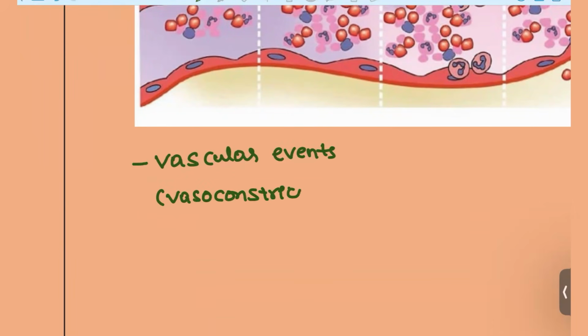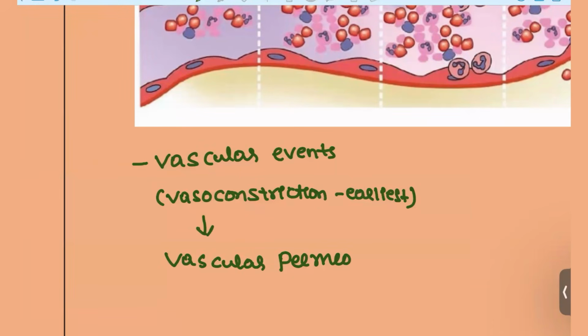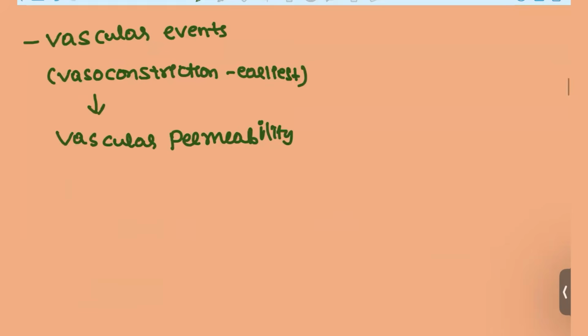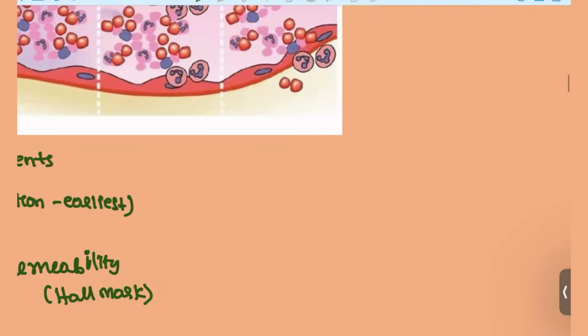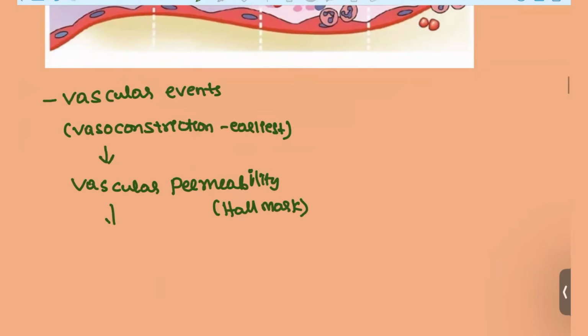The earliest is vasoconstriction. After this, it is going to cause vascular permeability. This is known as the hallmark of acute inflammation. Followed by the vascular permeability, it is going to cause margination and pavementing.